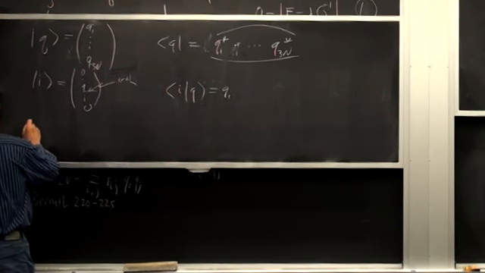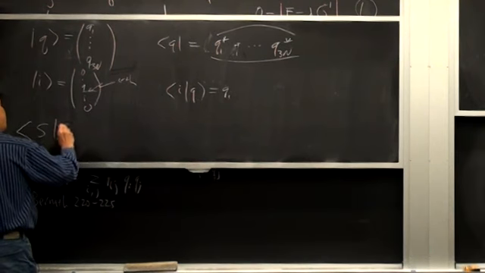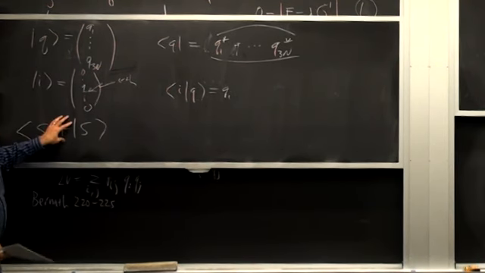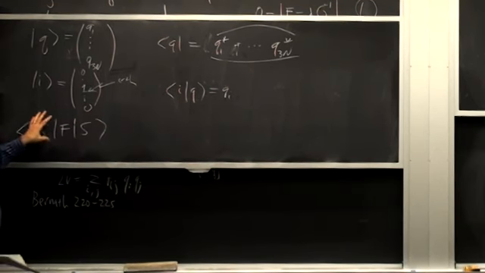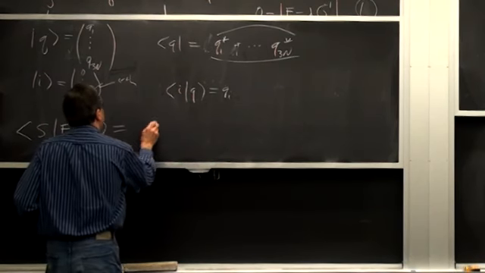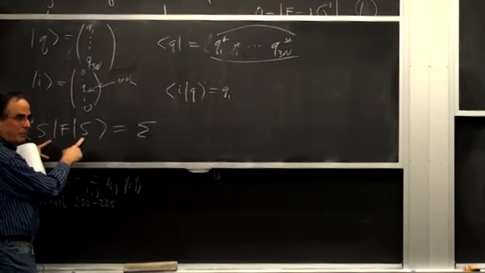Suppose we want something like this, where we have S, F, S. So this would be the force constant matrix and the internal displacements. A symbol like this, you know immediately that's a number. And that number is a double summation because we have two matrix multiplications.